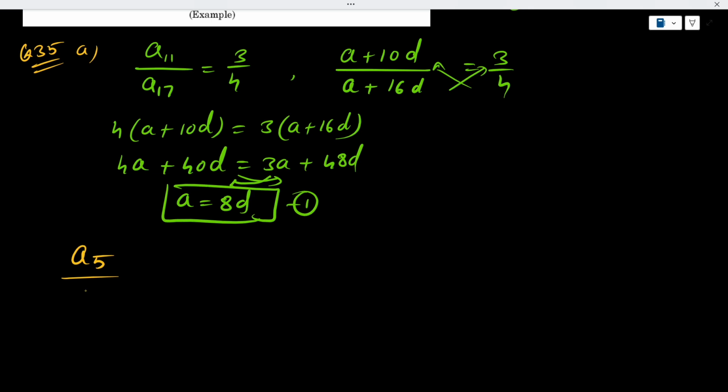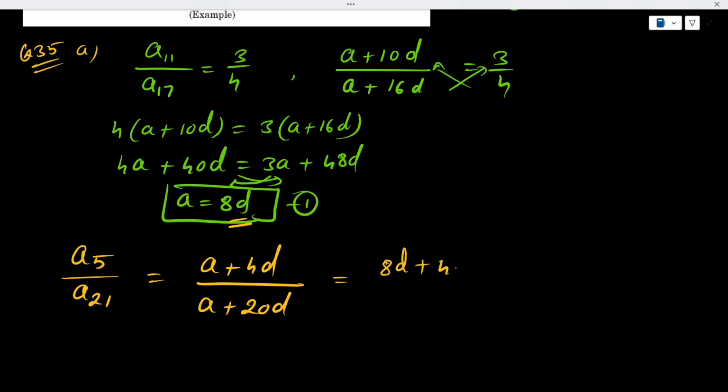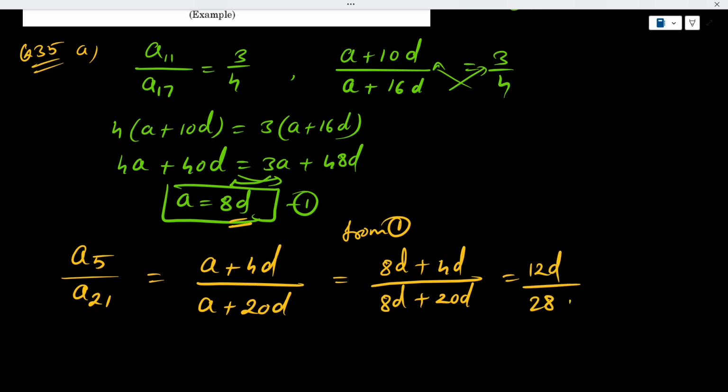Ratio you can write down in ratio form or the fractional form. So here we can write down A plus 4d by A plus 20d. Now how to get this ratio? In place of A I can substitute 8d. So 8d plus 4d by, using here the first equation, 8d plus 20d, right, which is nothing but 12d by 28d.